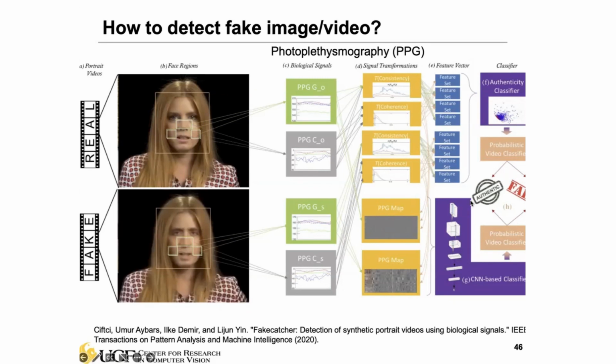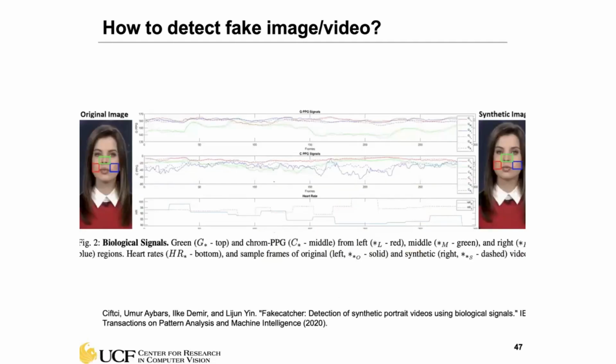Okay, so I think that's a very interesting technique, using this biological signal as a way to detect if this is a real video or fake video. Okay, so this is some of the illustration. For details, you can refer to their paper, and if you're interested, you can check more details in that paper.